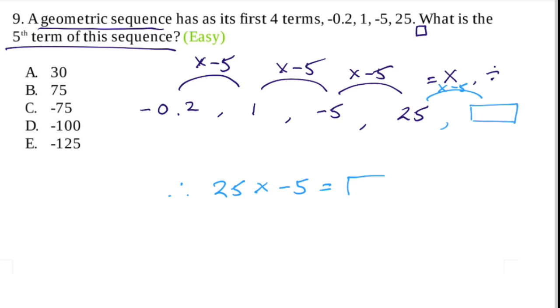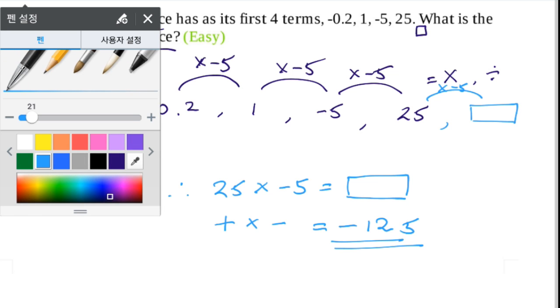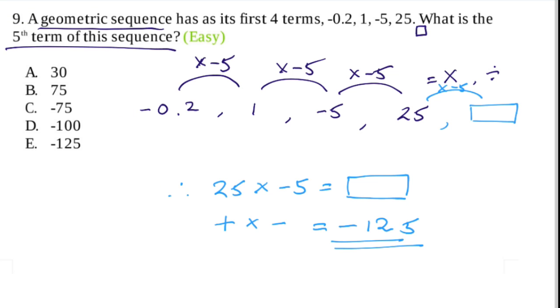Now, since it's a positive multiplied by a negative, the answer will be negative. 25 times 5 is 125. That is our final answer. And the answer choice is E, negative 125.